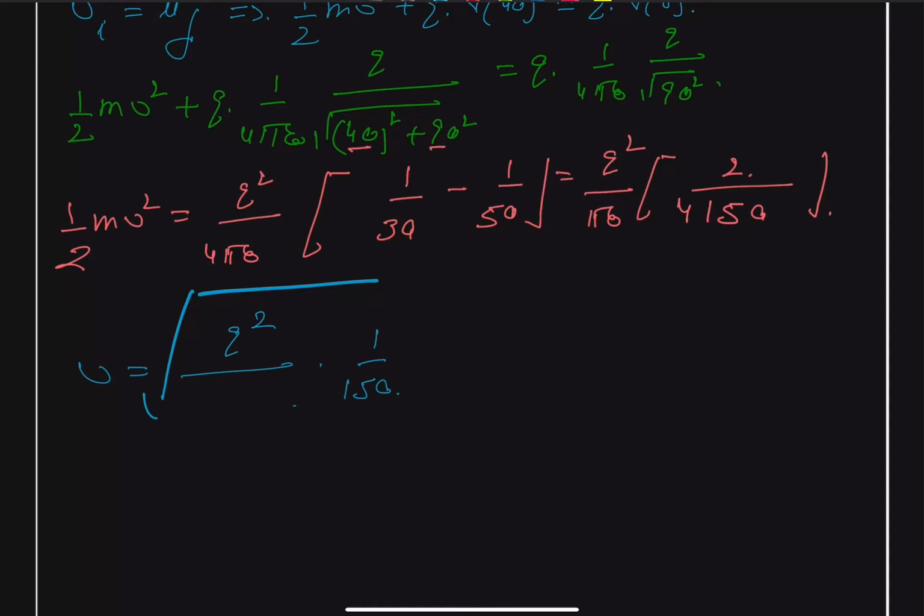Sorry, this 4 is here. So we get this as 4 pi epsilon naught multiplied by our m, and 2 to 4, so this also comes as 4.